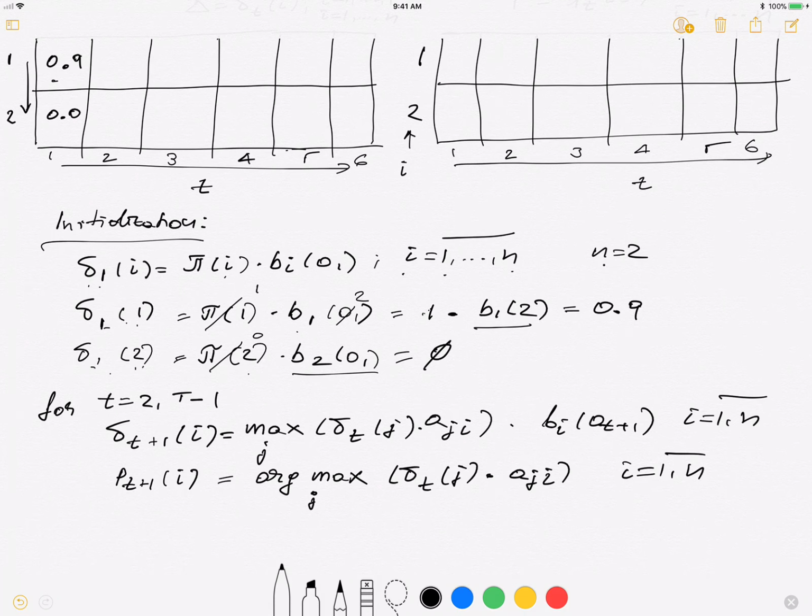So this is the iterative step, for each t from 2 to t minus 1.